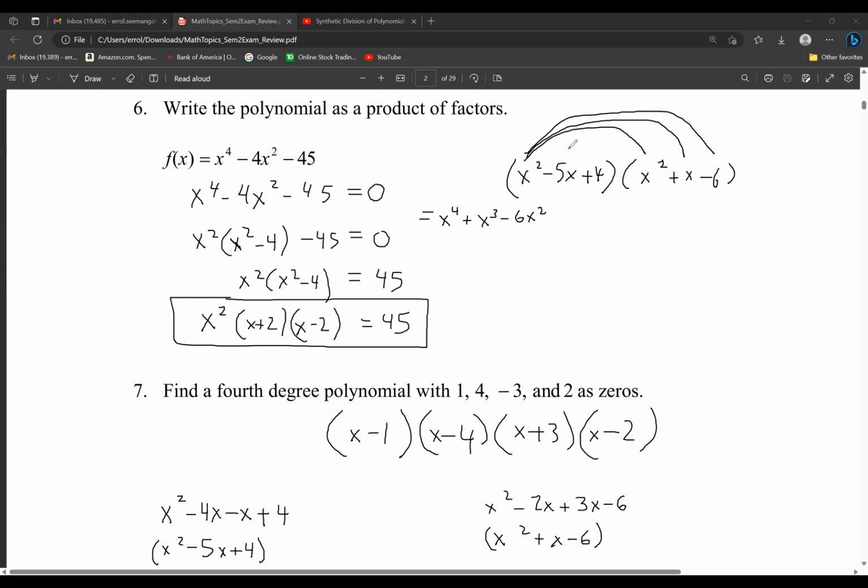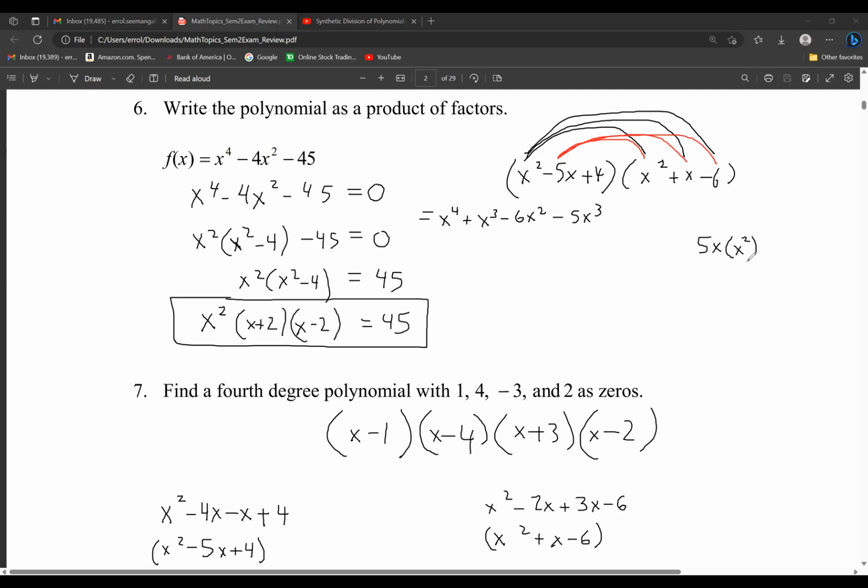Second three. This one times this one, this one times this one, this one times this one. Give me the next three. -5x times x squared.